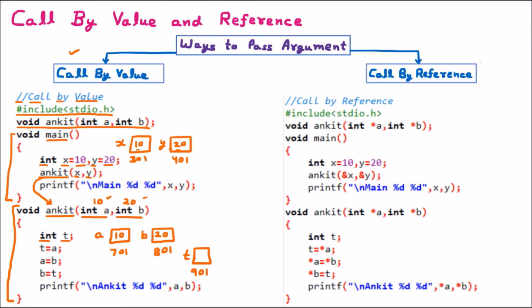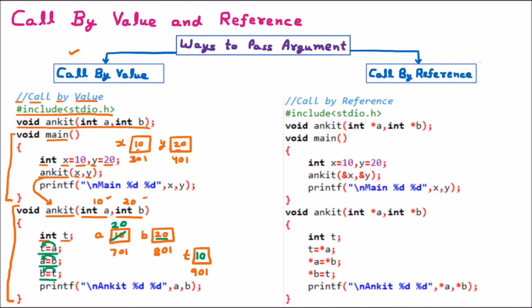Now afterward we say t is equal to a. That means the value of a is going to t. So here the value of a, which is 10, is copied to t. Now afterward we say a equal to b. That means the value of b is going to a. So here 20 is updated at the a place. Then afterward b is equal to t.